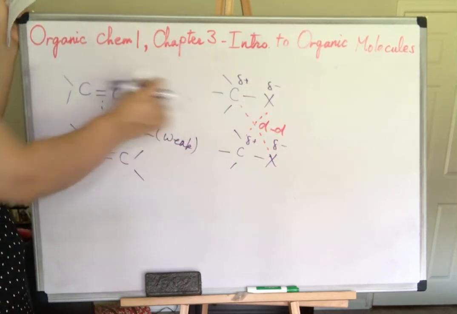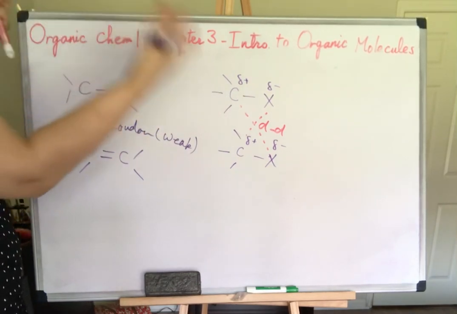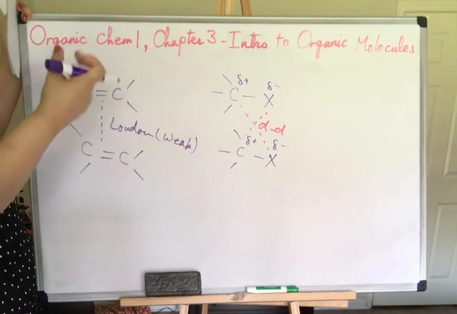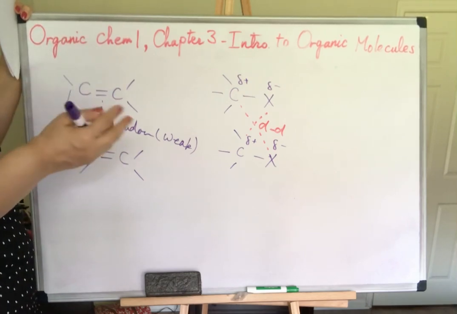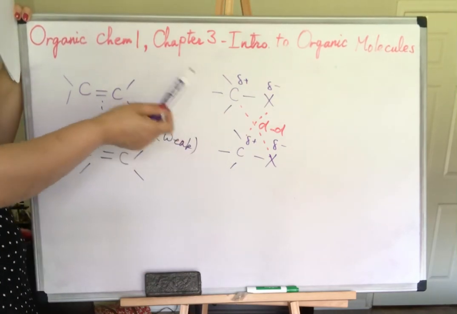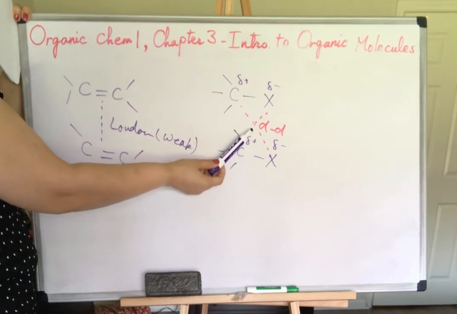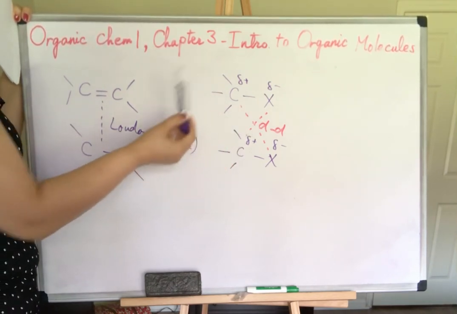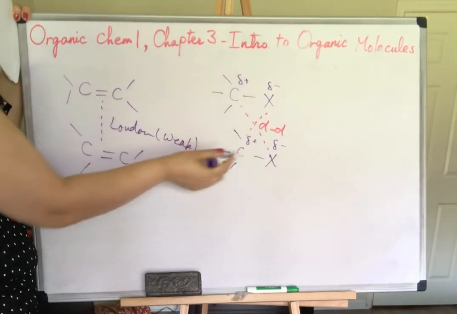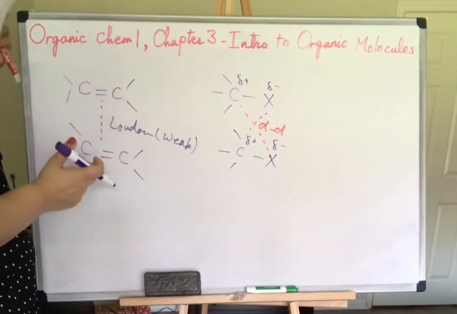So if you compare the boiling point of an alkene and an alkyl halide, you will see, besides the London forces, because London forces exist between every two molecules, since you always find the nonpolar parts to have the London force together, here besides the London force, we have dipole-dipole. So we expect the boiling point of an average alkyl halide to be higher than an alkene.